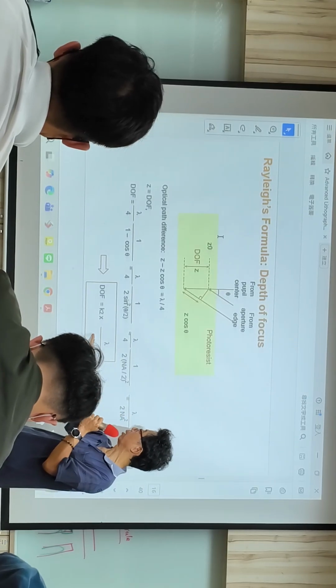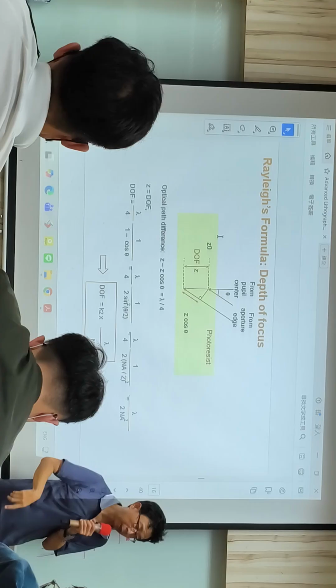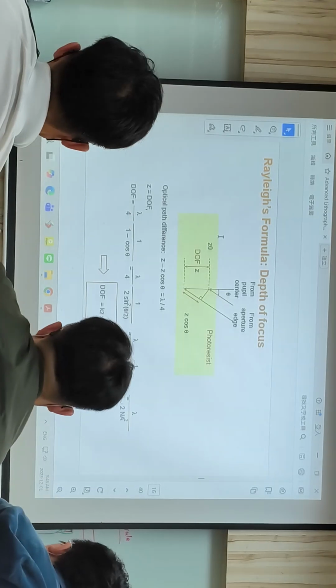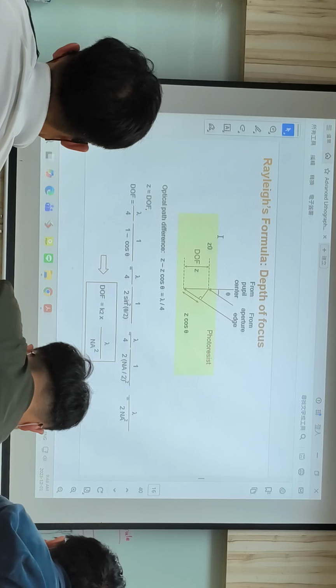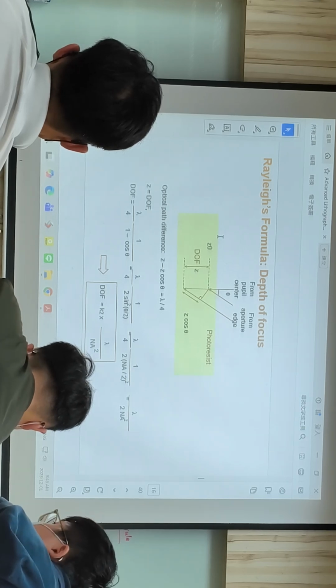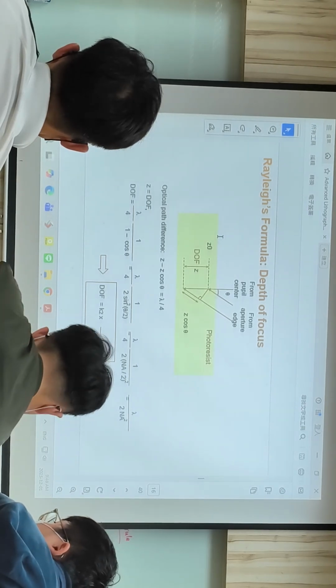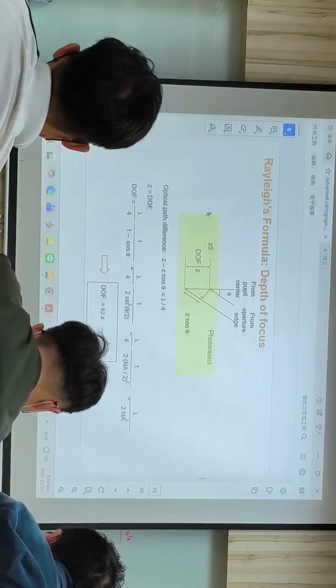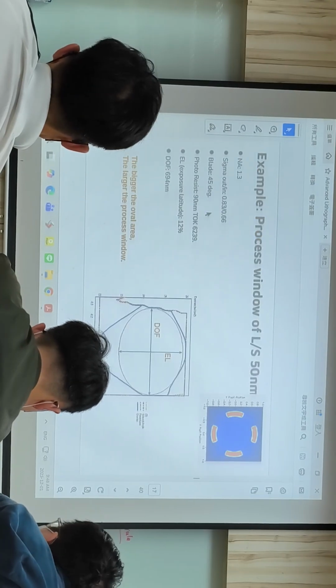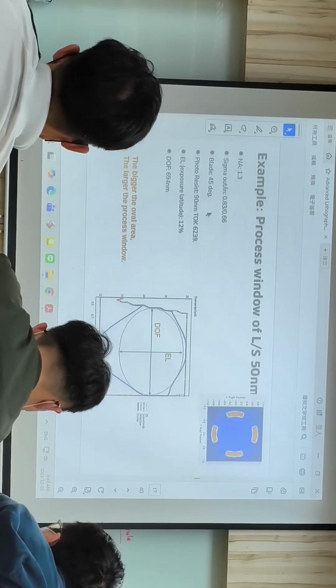And second, then try to use a smaller NA, because a smaller NA will give you larger depth of focus.